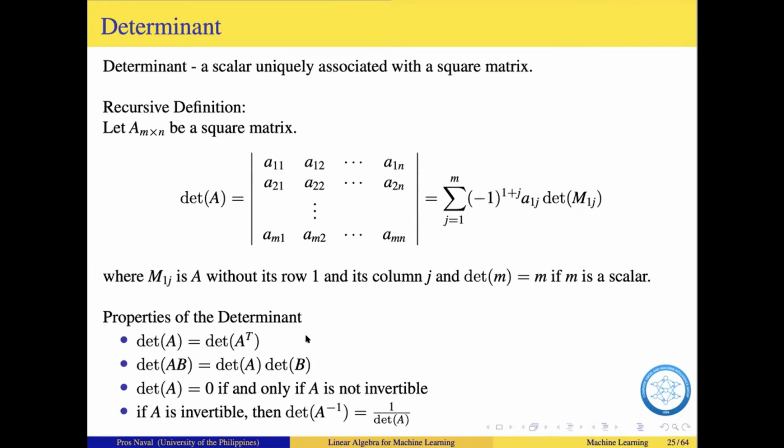We'll talk about matrix inverse later. This is an if and only if statement. If A is invertible, then the determinant of the inverse of A is just the reciprocal of the determinant of A.